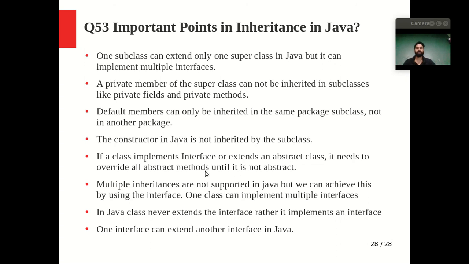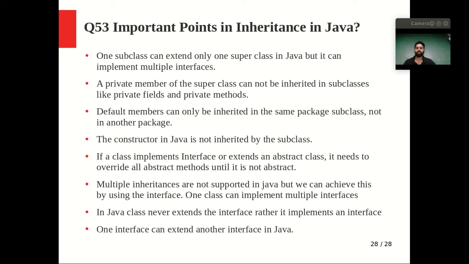If a class implements an interface or extends an abstract class, it should override all the abstract methods, or else it should be marked as abstract.